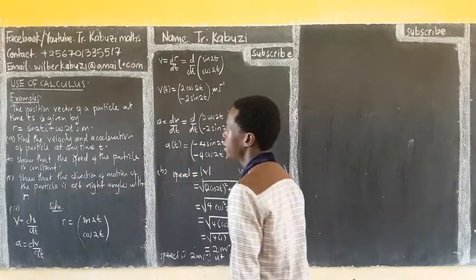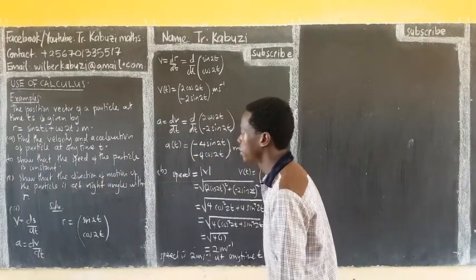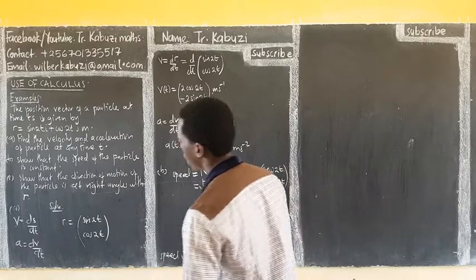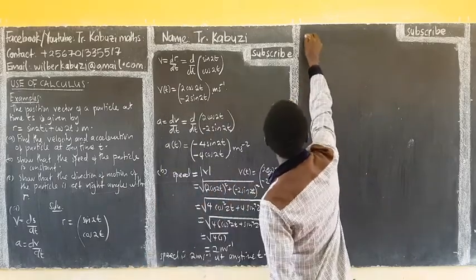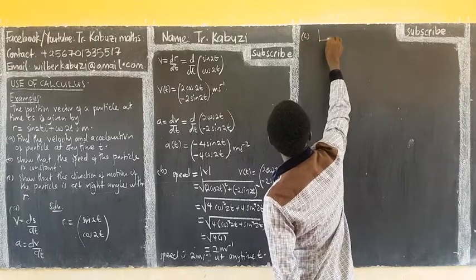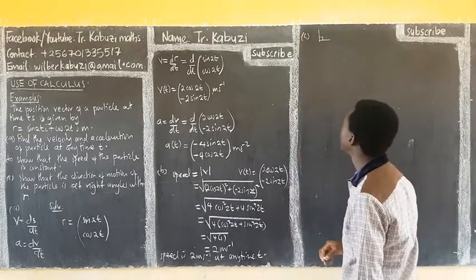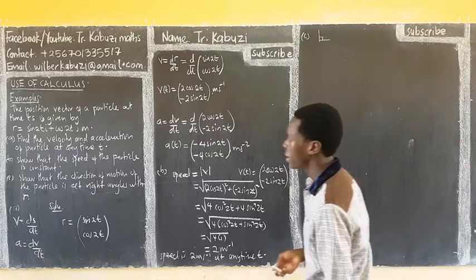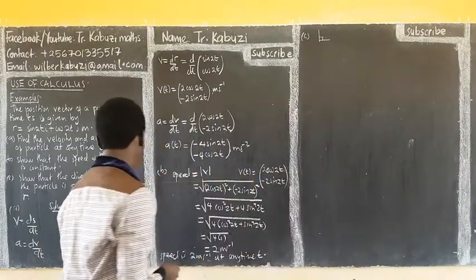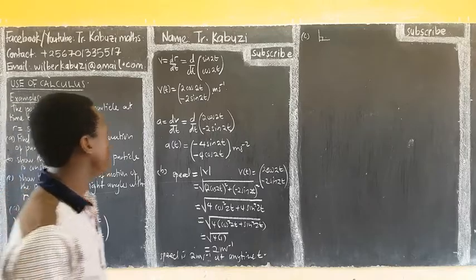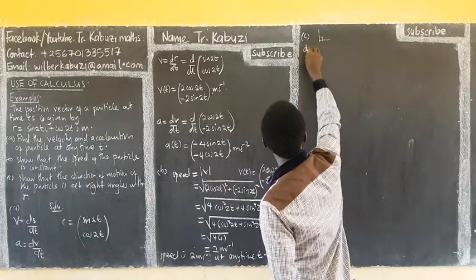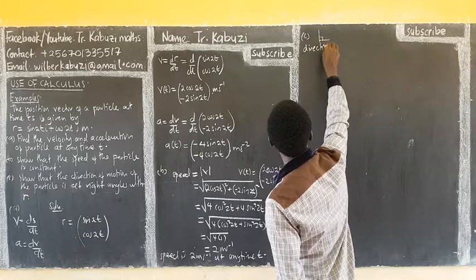Then part C, show that the direction of motion of the particle is at right angles to r. At right angles means they want us to show that they are perpendicular. How do you show that two vectors are perpendicular? Two vectors are perpendicular if their dot product is 0. The direction of a particle is given by its velocity.